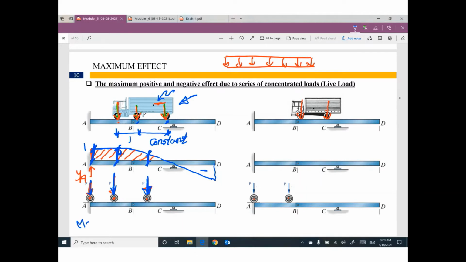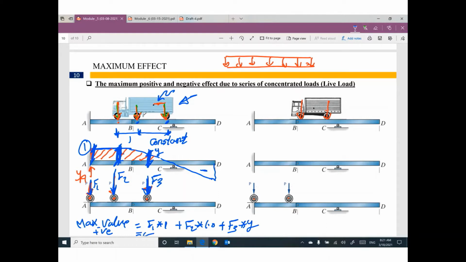So the maximum positive value for reaction YA will be this force, F1, times 1, plus this force, F2, times this value, which is 1, plus F3, which is this force, times this value, I'm not sure how much, so let's say it Y. So the final value will be the maximum positive reaction YA due to the effect of this truck.